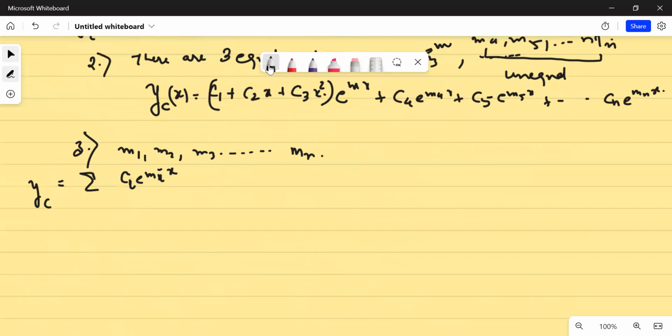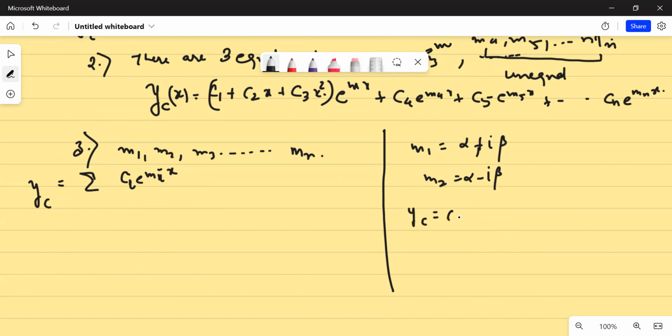I wrote it in this fashion because I already explained that if I take m1 equal to alpha plus iota beta, and m2 equal to alpha minus iota beta, for instance, with only two roots, then I will simply write the solution as c1 e to the power m1 x plus c2 e to the power m2 x. So even this would do.